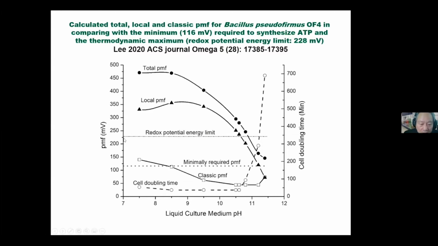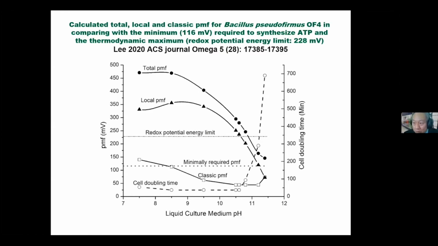Now, this 220 millivolt or 228 or 230 millivolts is called the redox potential energy limit. Where did this come from? Now, in our mitochondria, and in all the bacteria, they use free electrons, right? Like NADH, okay? Or these organic substrates, oxidized to oxygen.